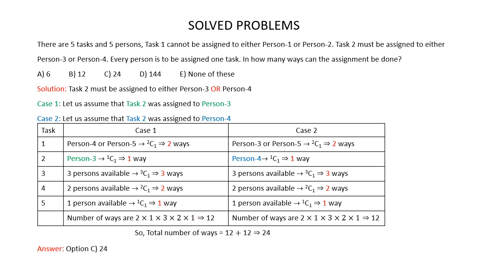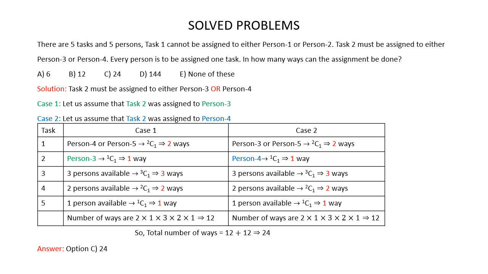Now let's look at case 2. In case 2, task 2 has been assigned to person 4, and this can be done only in one way. Now since it's given that task 1 cannot be assigned to either person 1 or person 2, and person 4 has already been assigned with task 2, the only 2 persons remaining are person 3 and person 5.